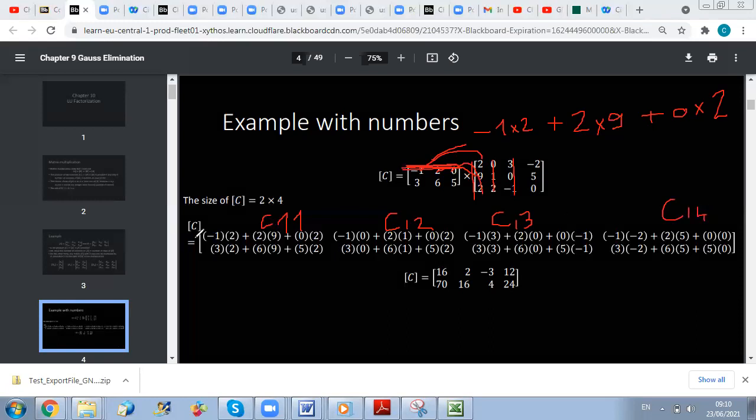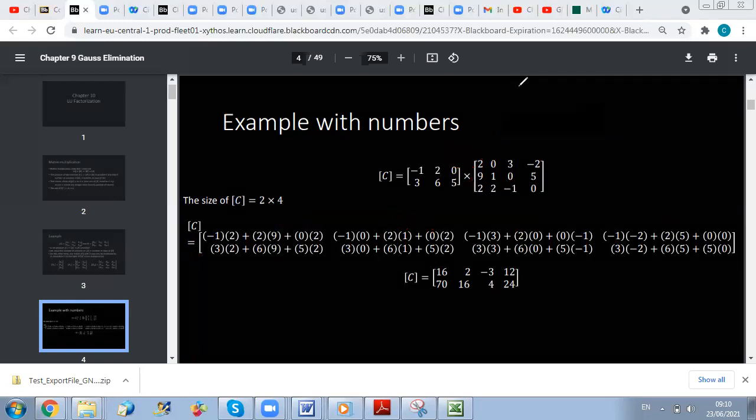Now when I'm done with the first row, I move to the second one. So this is C21: C21 multiplies the elements of row 2 with the elements of column 1. So it's 3 times 2 plus 6 times 9 plus 5 times 2.